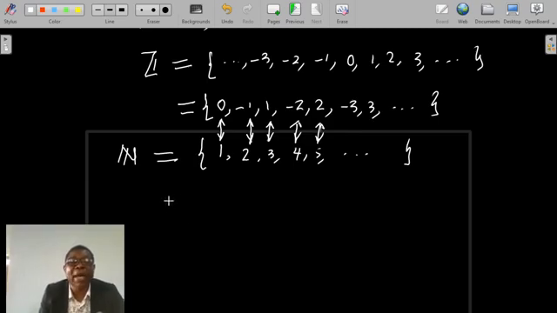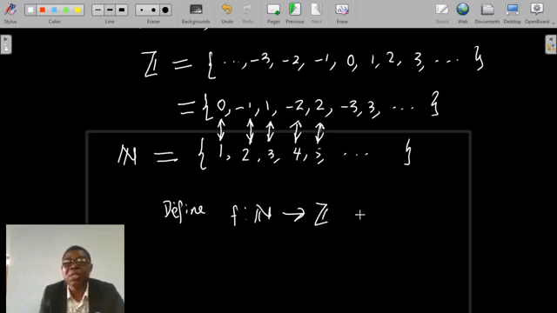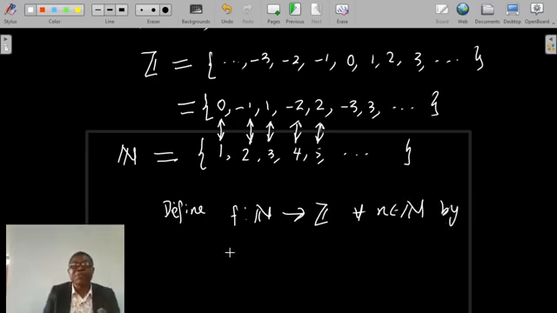If we define f from the set of natural numbers to the set of integers, for any n in the set of natural numbers, by the following formula. How f is defined is the following.